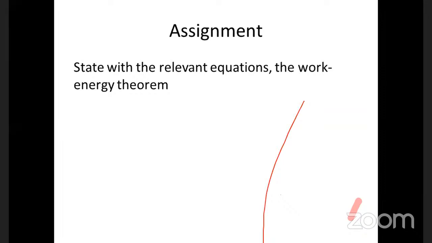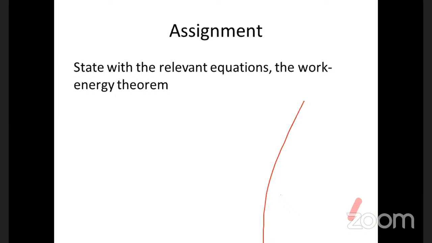As we close, we have now looked at how we can calculate those two forms of energy, kinetic energy and potential energy, from their equations. So this is what we have not looked at, but it is what will take us to the next concept. I want you to state with relevant equations the work energy theorem.